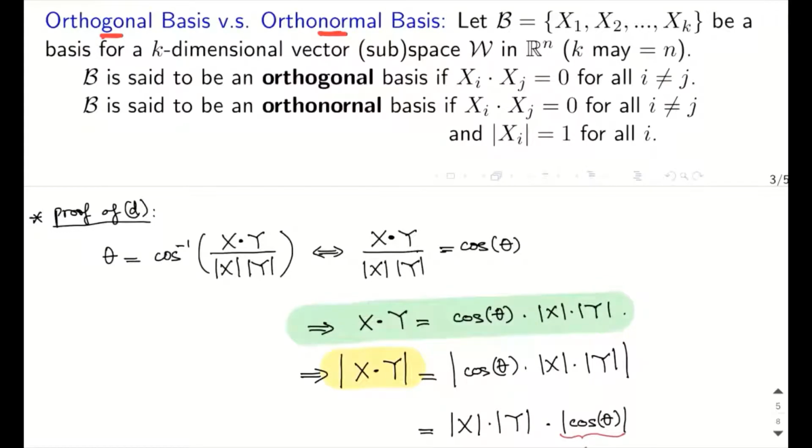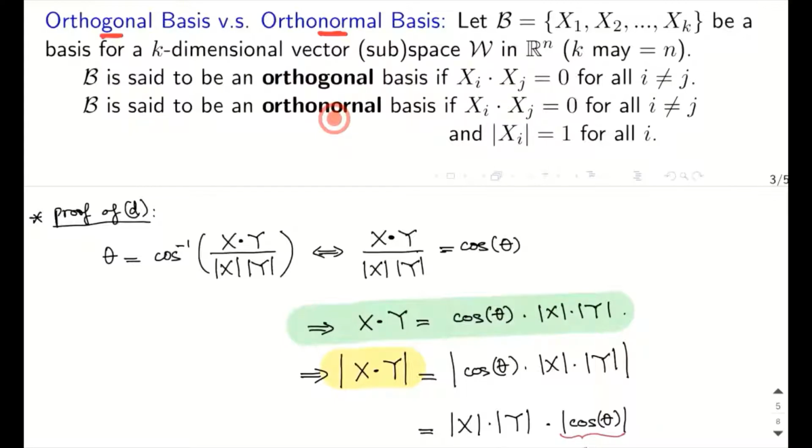An orthogonal basis is actually just first a basis, spanning and independent, plus the vectors are all pairwise perpendicular or pairwise orthogonal. Now, the orthonormal basis is a little bit more than orthogonal.